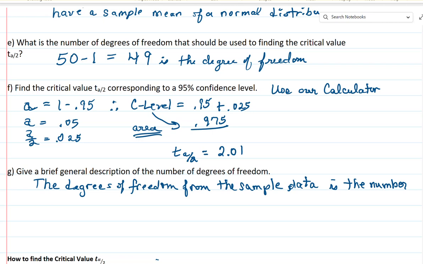And that's usually the standard. As you get into advanced statistics, you'll understand the use of the others. Is the number of values that can vary after certain restrictions.